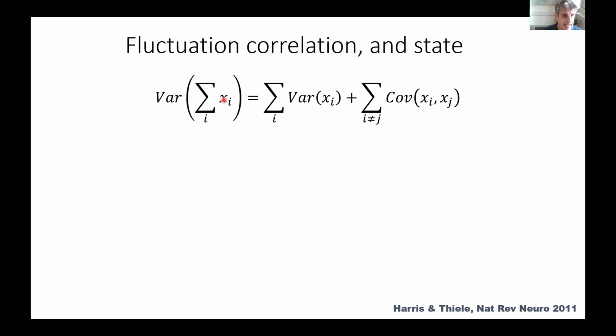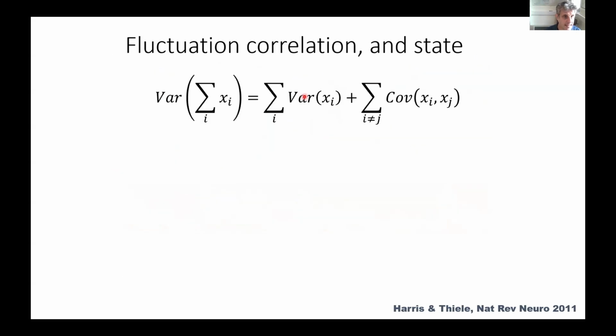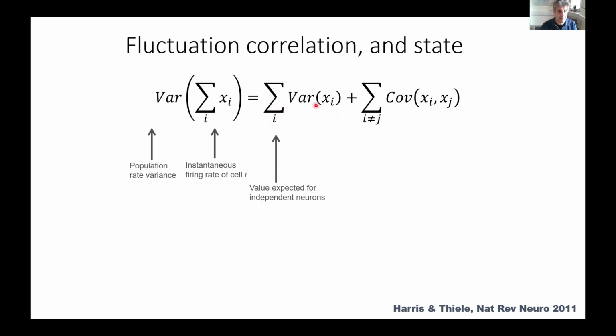In this case, we had the population rate going up and down. It has high variance. This term, the sum of the variances of the individual neurons, is what you expect if the neurons were independent. And this term is basically the mean correlation between neurons.